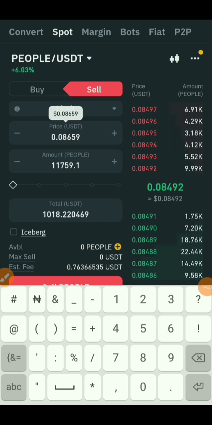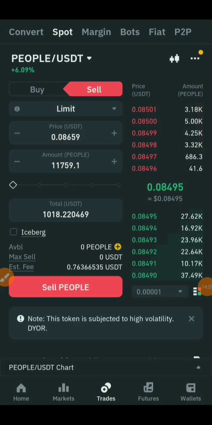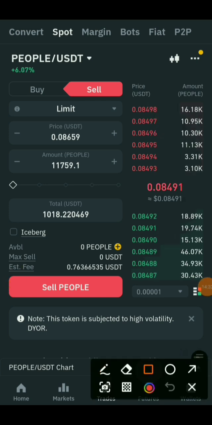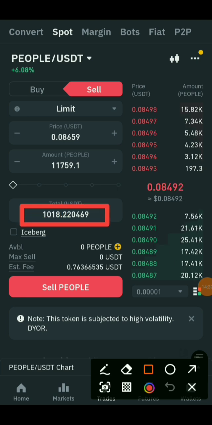Okay, and then we are going to sell it in this manner. And if you can see, we already have an open amount of $1,018 on this transaction.